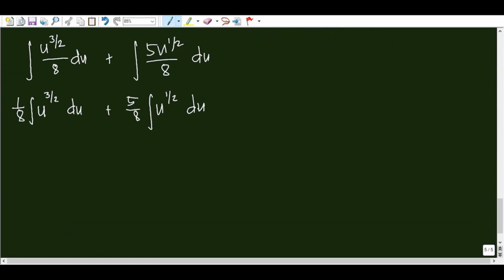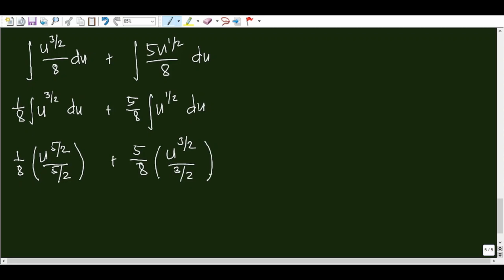Parang yung example din lang natin kanina. So, magiging 1 over 8. The integral of u raised to 3/2 is u raised to 5/2 over 5/2. Di ba? 1 plus 3/2. Then, plus 5 over 8, the integral of u raised to 1/2 is u raised to 3/2 over 3/2 plus c. Simplify now our answers.